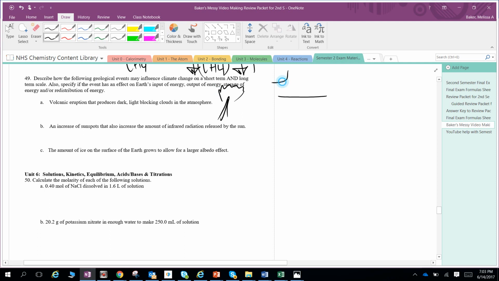Well, the sun, this is our atmosphere here. If we've got this ash blocking the input of sun's energy, it's going to get reflected off, and so that is going to lead to, in the short term, a cooling effect.